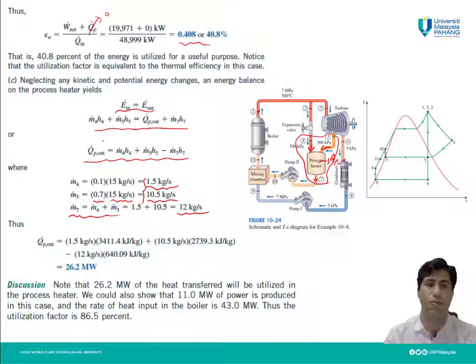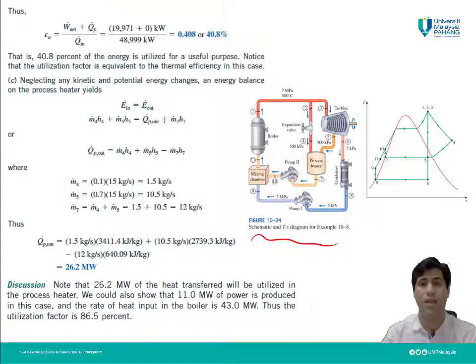Then again, we can go back to the equation to calculate the process heat, Q dot P out, simply by substitution of the values which we have calculated for the mass flow rates, and also we have h4, h5, and h7. By substituting these values in this equation, we can calculate Q dot P out, which is 26.2 megawatt.